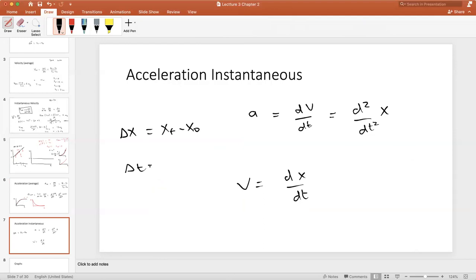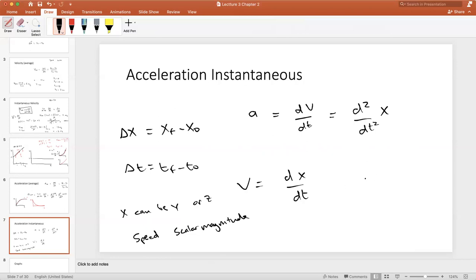If we say delta time, we mean time final minus time initial. If we say delta v, we mean v final minus v initial. And the last two things to remember are that when we say x, it can be y or z or whatever coordinate we want, and that speed is just a scalar magnitude, okay?